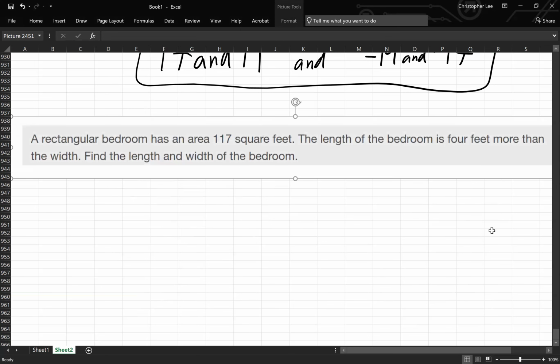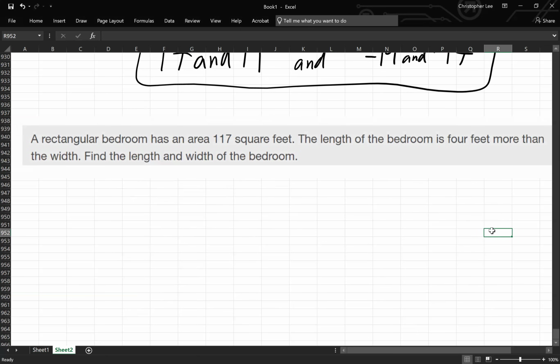All right. So a rectangular room, just like our classroom actually, right, has an area of 117 square feet, right? The length of the bedroom is 4 feet more than the width. All right.